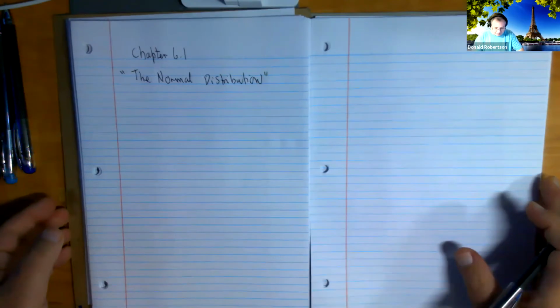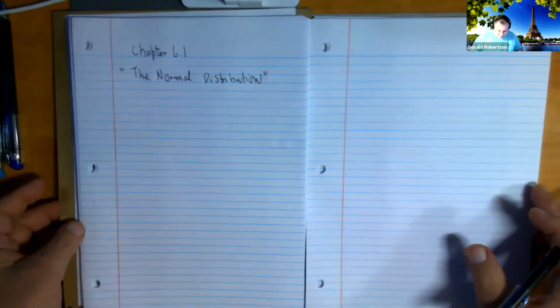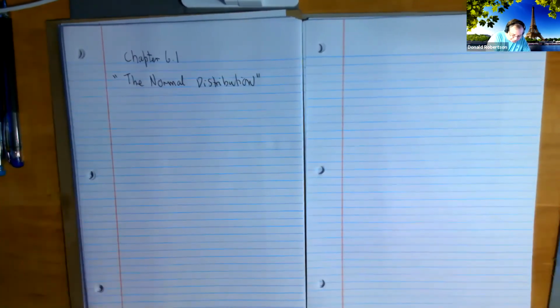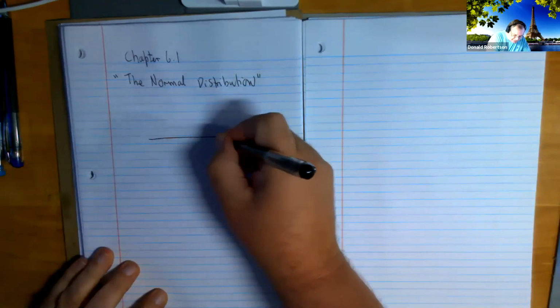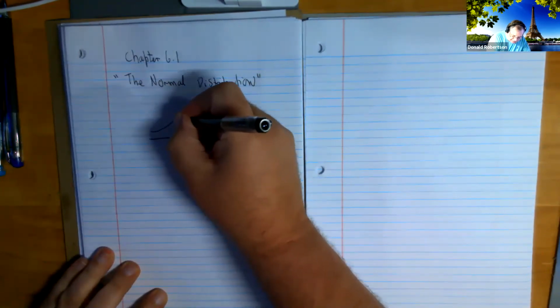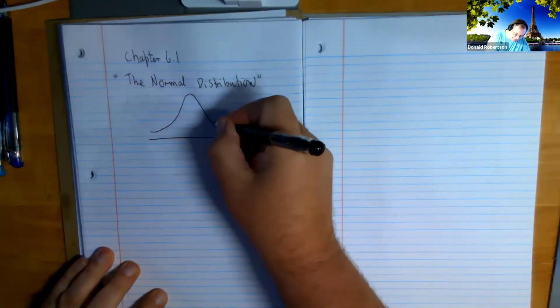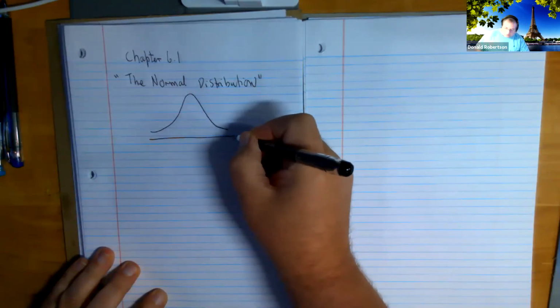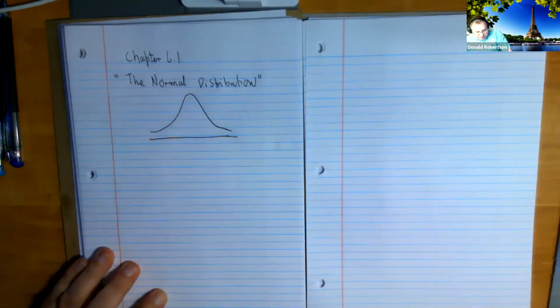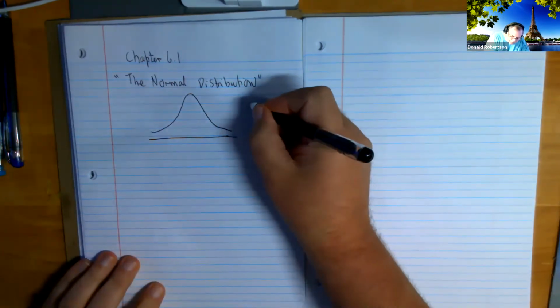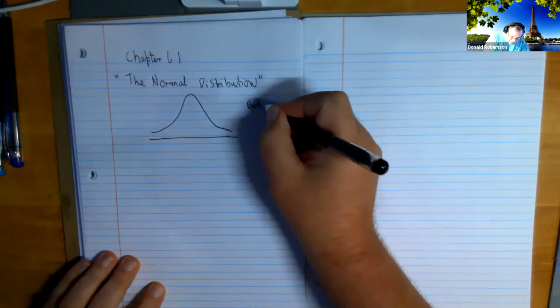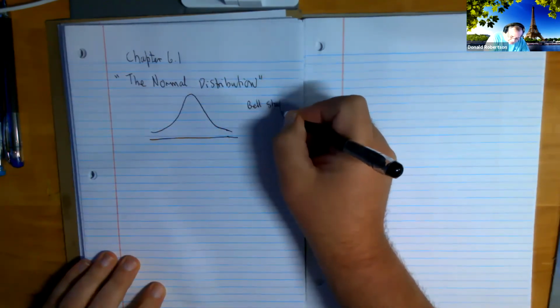Well, let's get started on the normal distribution. It's been found, and this is a very remarkable property, that if you take data that is mound-shaped, a single hill, symmetric, it's also going to be called a bell-shaped curve.